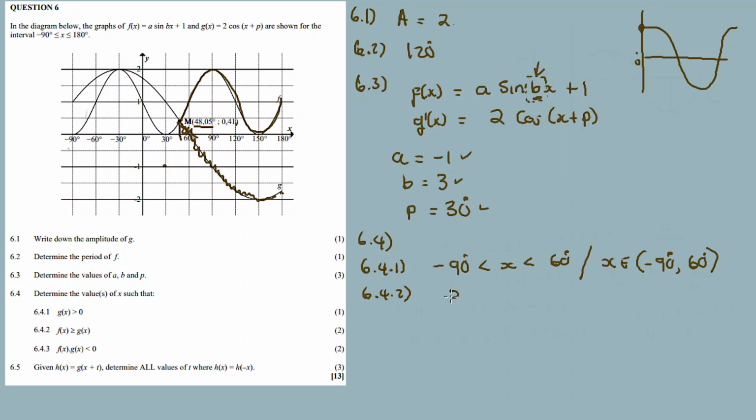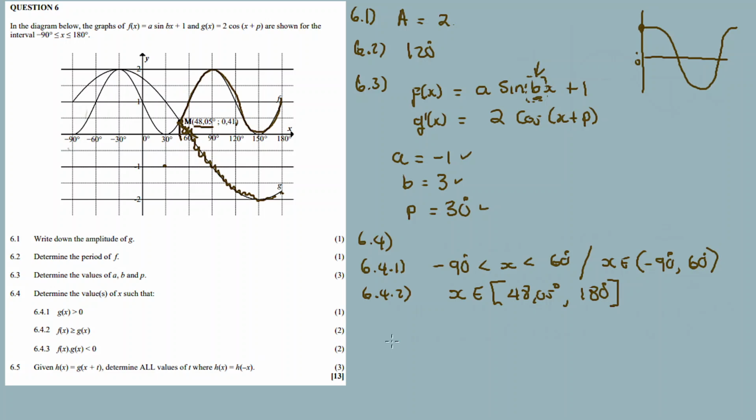So lana it's x element of, included, yabona, ngoba it's equal la ku m, they are equal, so kuyoba x element of 48.05 degrees, all the way up to 180 degrees included. So this is our interval yabo x ayenza ukuthi f of x abe ngaphezulu, g of x abe ngaphansi.